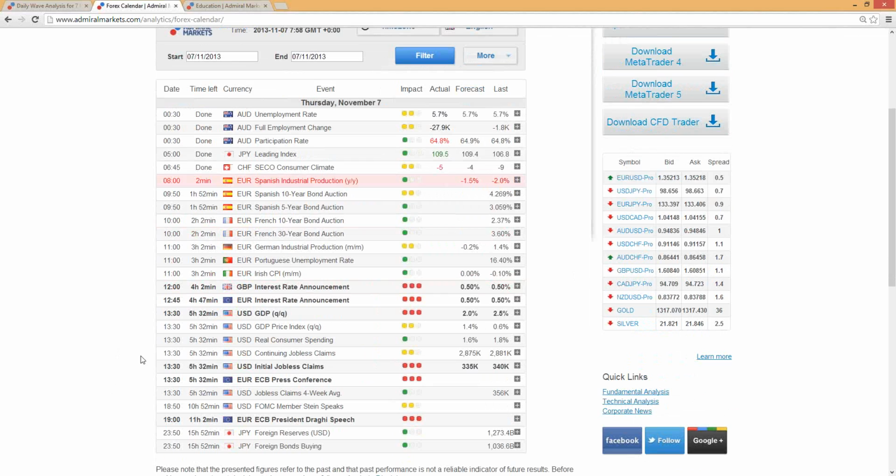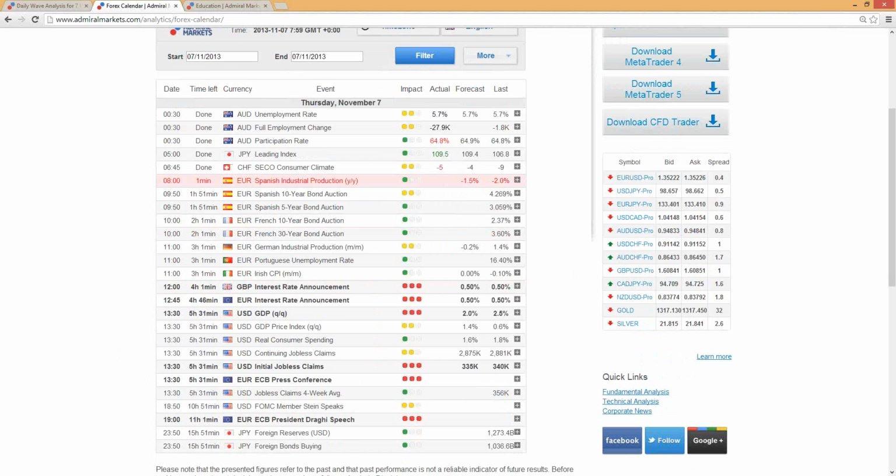Tomorrow we have NFP and unemployment rate on the US, and also Fed Chairman Ben Bernanke speaking. So there is a lot of stuff going on, and there will be a bit more volatility and quietness, and a mix of that than usual, probably. I don't think that necessarily interest rates will change, but still, despite the fact that they will not change, there will probably be that pattern, and we can expect that.